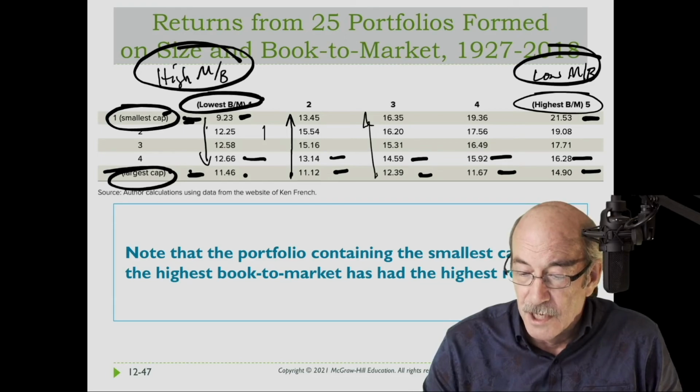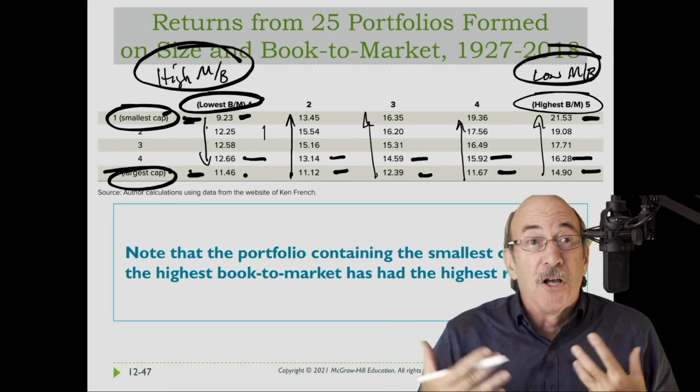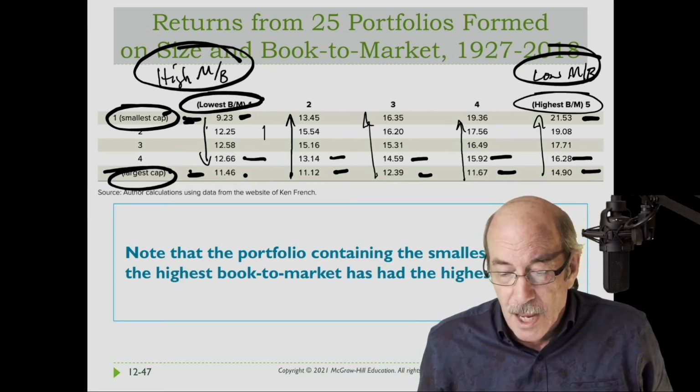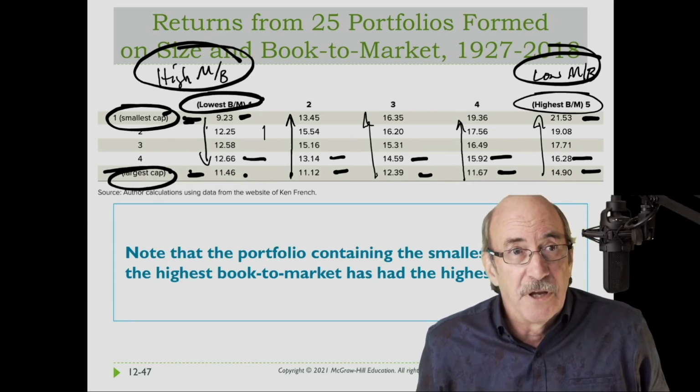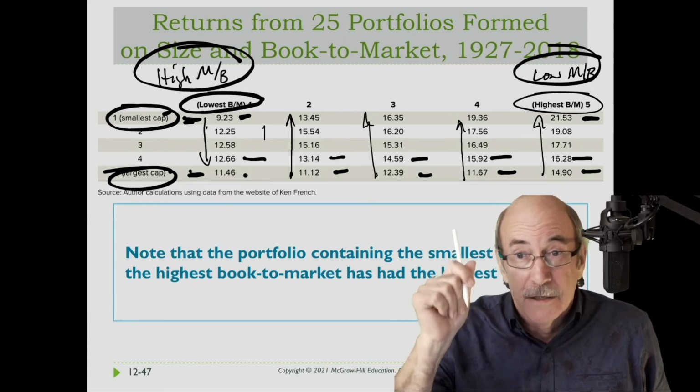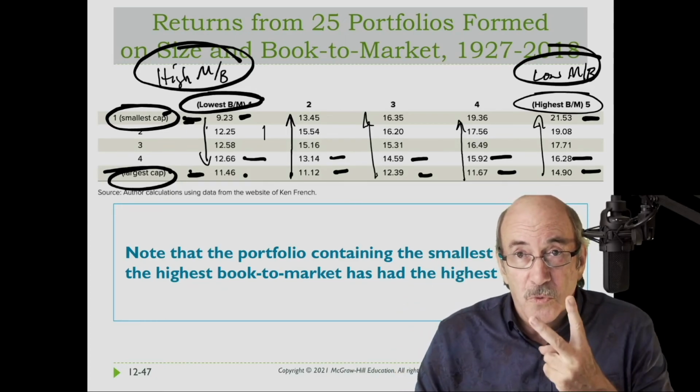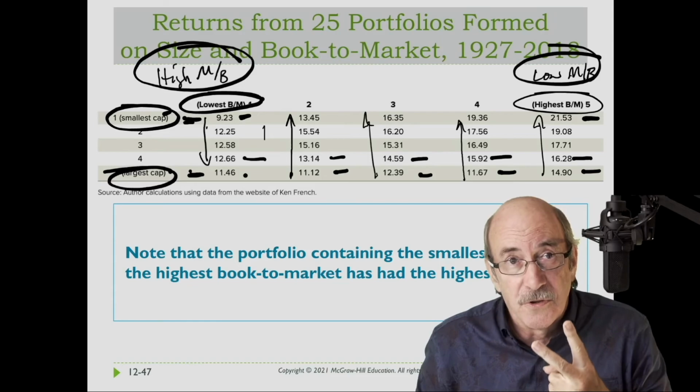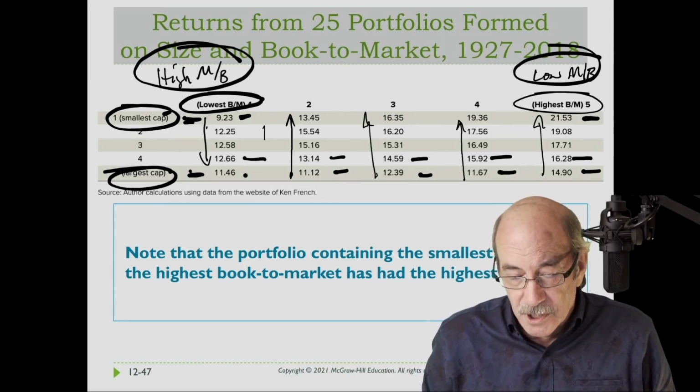It's monotonic there. Here it's also monotonic. You get the idea. So these are the patterns that we all saw in the data. And this is what Fama and French then said, aha. So let's add these as two more factors that are important to predicting the returns on a security.